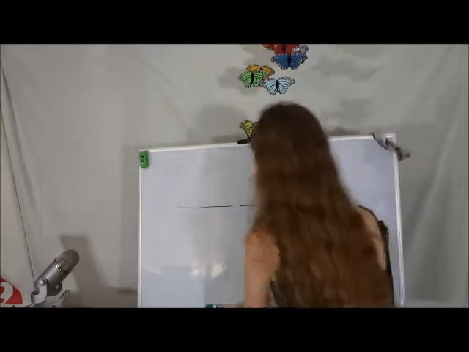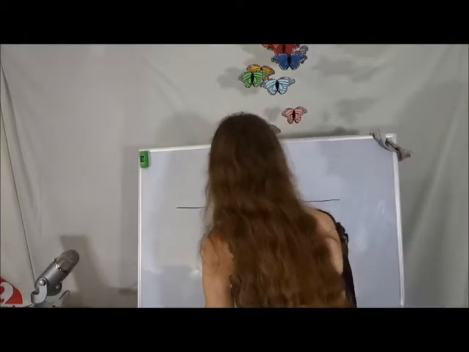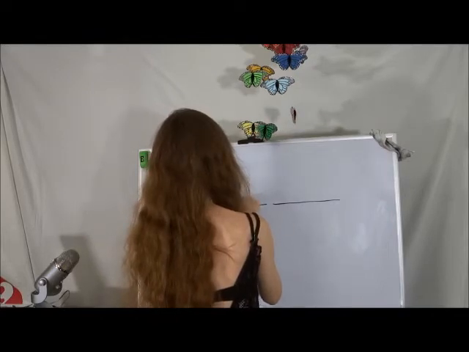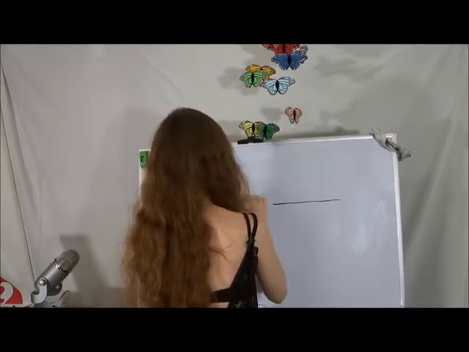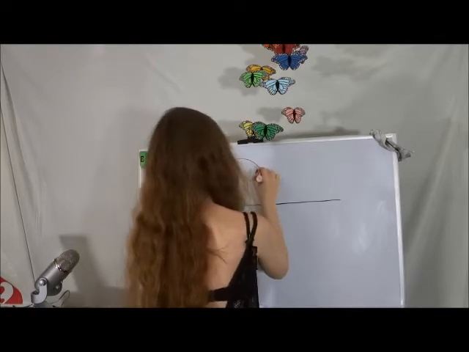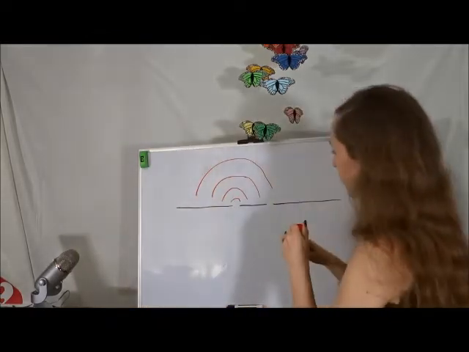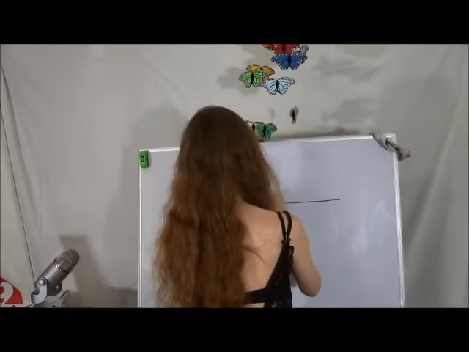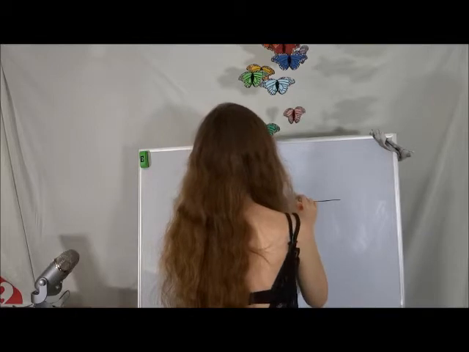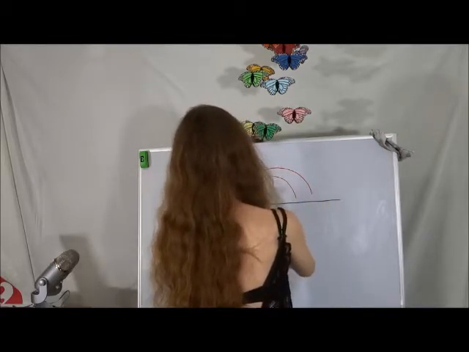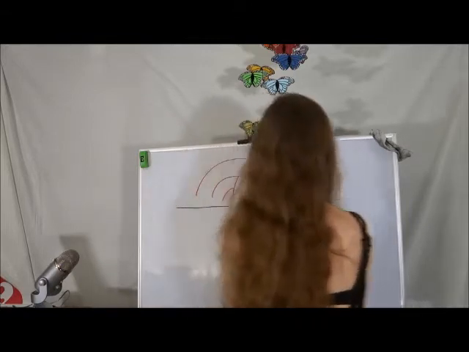Our light is going to come through in spherical waves, like this, and like this, and like this, and you get these spherical wave fronts. The same thing happens at the other slit.